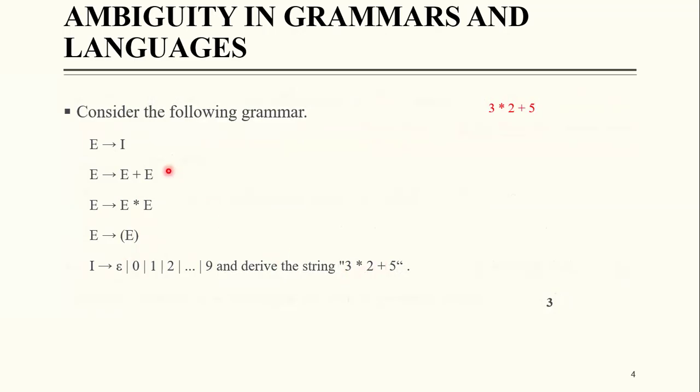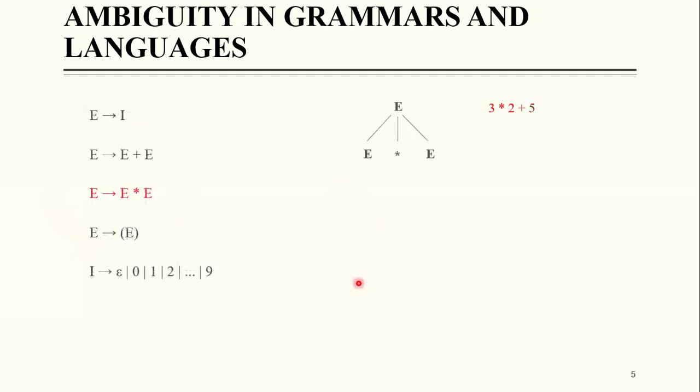So using this grammar, you have to derive the string 3 star 2 plus 5. If you are deriving the string with more than one possibility, then we can prove that the given grammar is ambiguous. Let us see. Here I'm using the parse tree method to prove the given grammar is ambiguous.